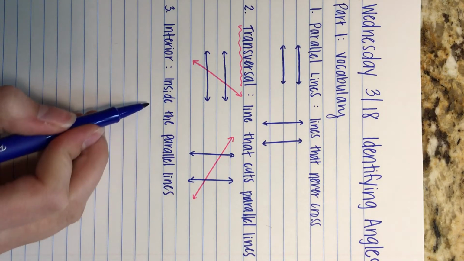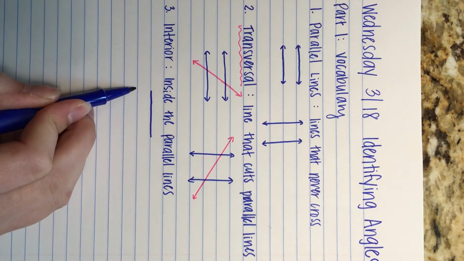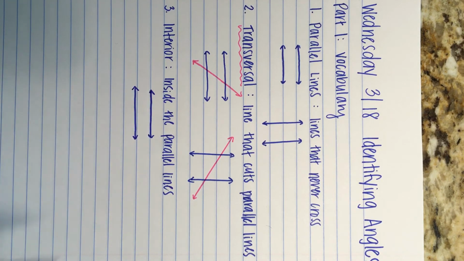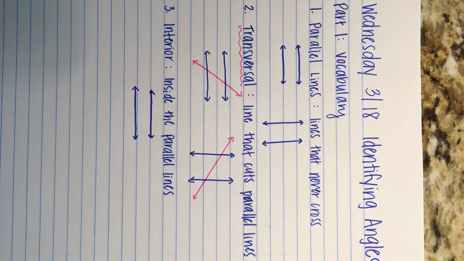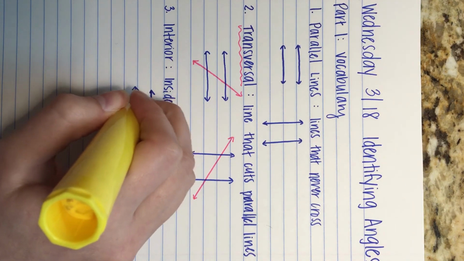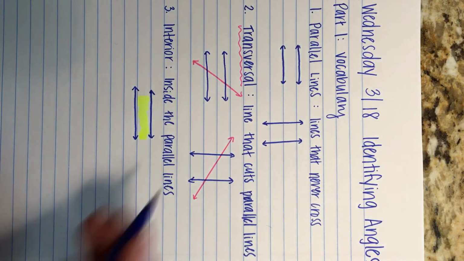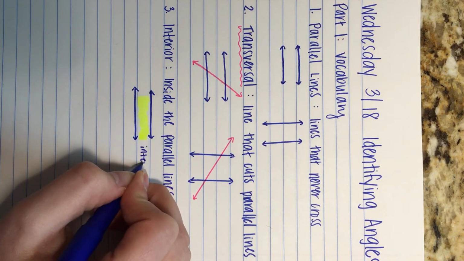Inside the parallel lines. So again, if I've got my set of parallel lines here, anything inside the parallel lines is going to be interior. So I'm going to highlight this whole area right here. Notice it's inside the parallel lines. Interior.